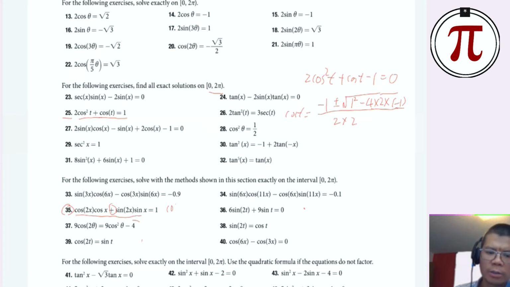Cosine of the first angle 2x, second angle x, so cos(2x minus x) is what we have on the left-hand side, which equals cosine x. So cosine x equals 1. What is the x value? If cosine x is 1 over the interval 0 to 2 pi, x equals what?